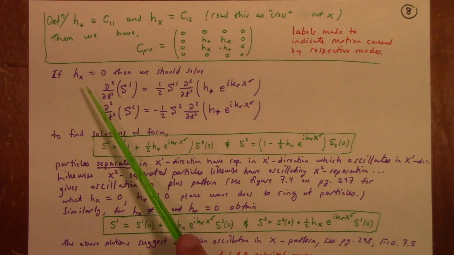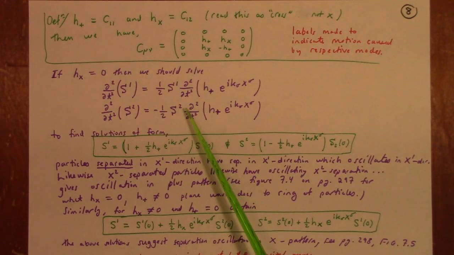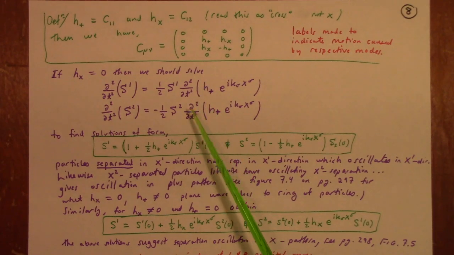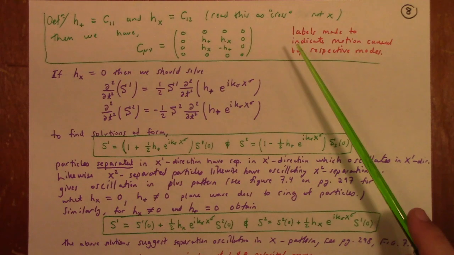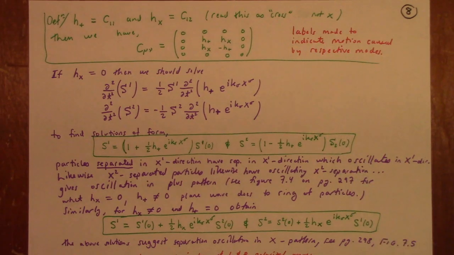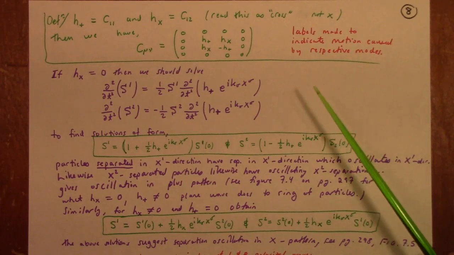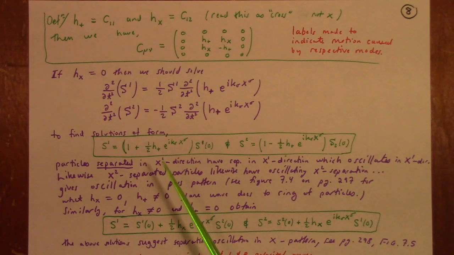So for example, if H cross is equal to 0, then we should solve these equations for the geodesic deviation equations. All right, so this is how it moves particles, basically.